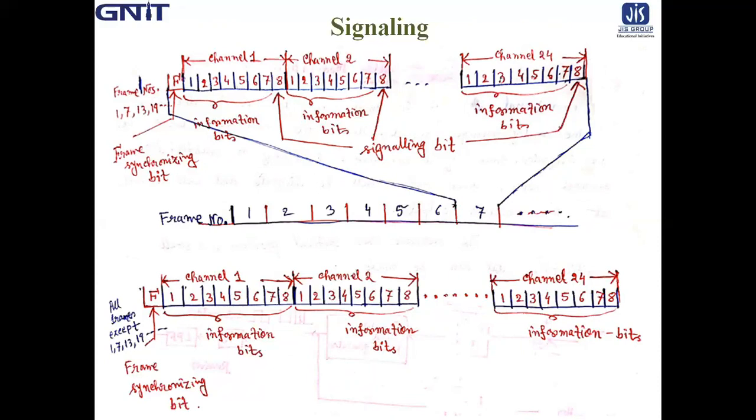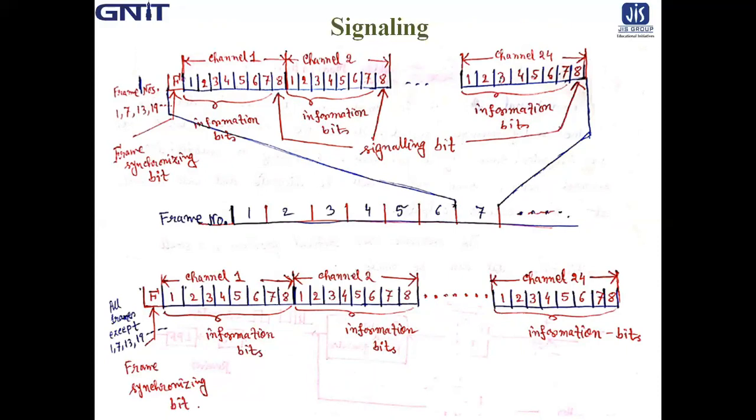How? During 5 successive sampling, that means during 5 successive frames, each sample is encoded into 8 bits. But during the 6th frame, the samples are encoded into 7 bits, and the 8th bit, that is the LSB part, is used for signaling.